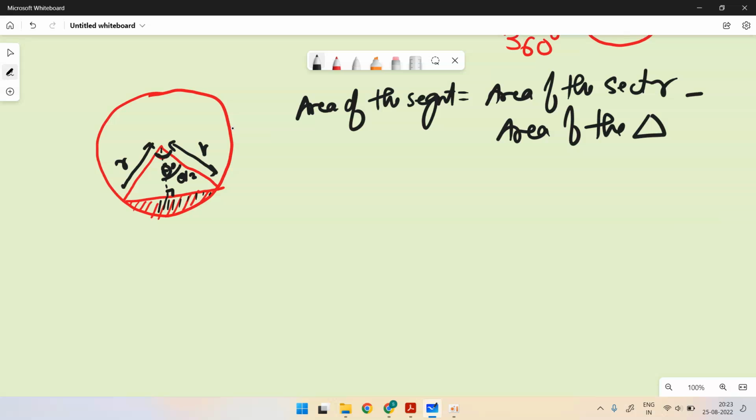So sine theta by 2 equals, if I assume this is L, L by R. So L is R sine theta by 2.